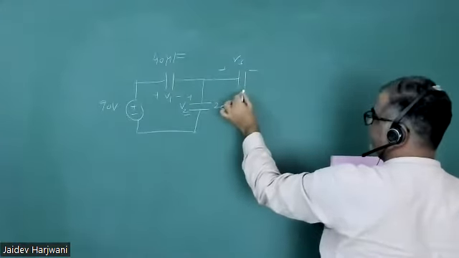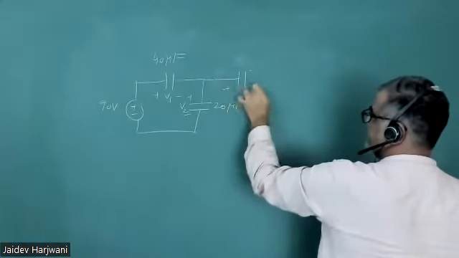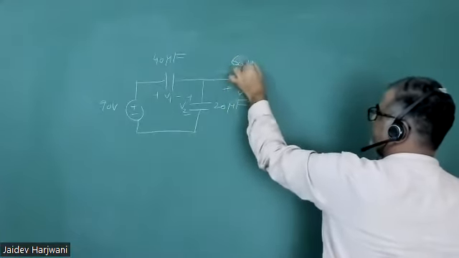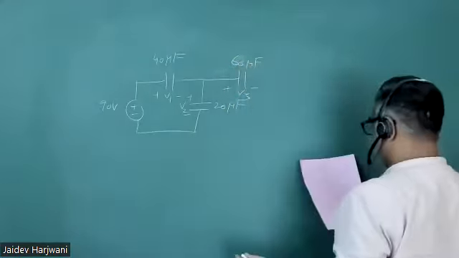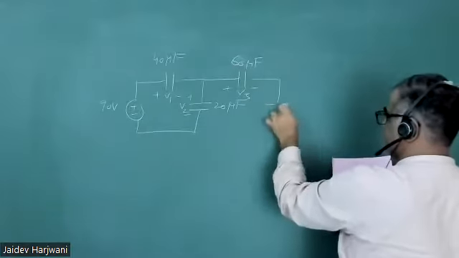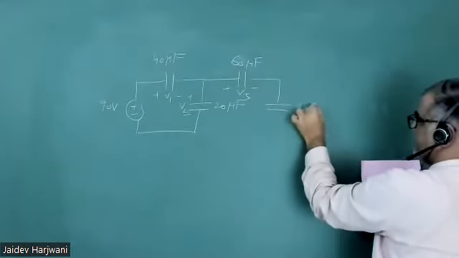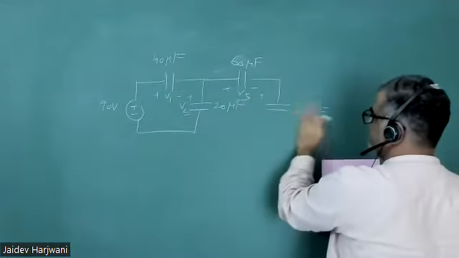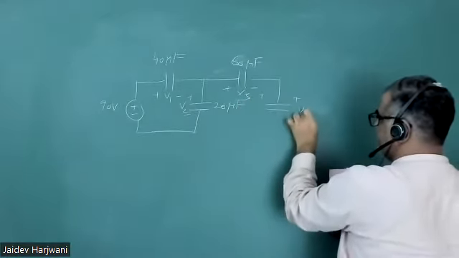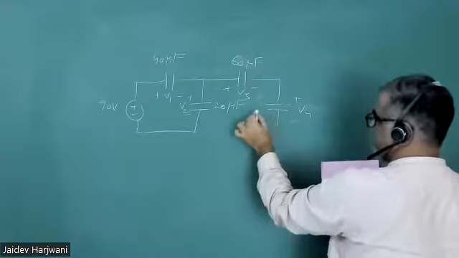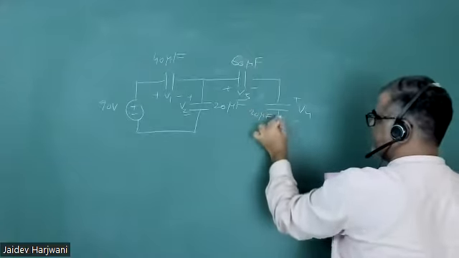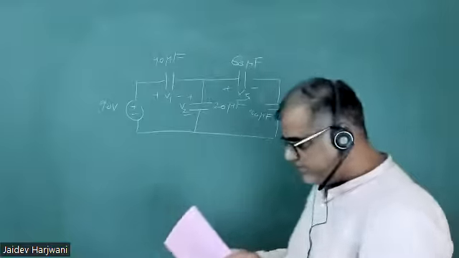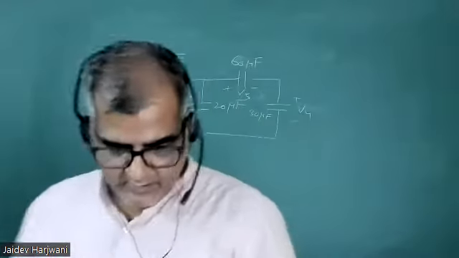V3 is 60 microfarad. Okay, and then this is your 30 microfarad, and this is here you have a V4. So V4, and this is your 30 microfarad. बस आपको निकालना है V1, V2, V3, V4 निकालना है.